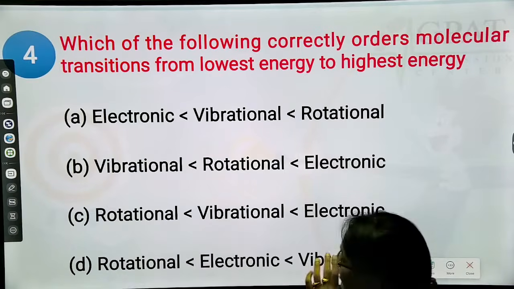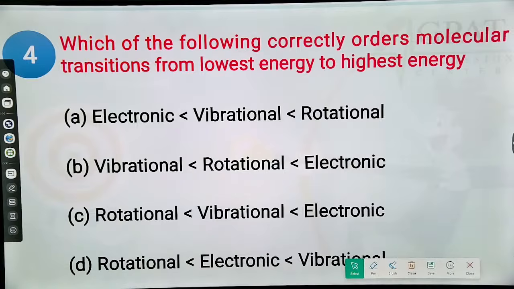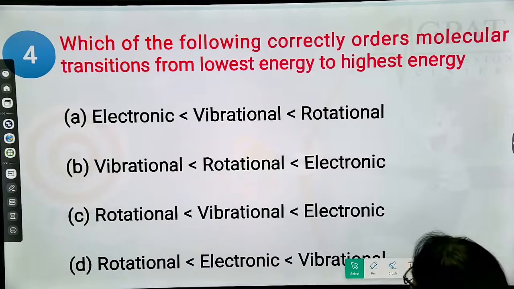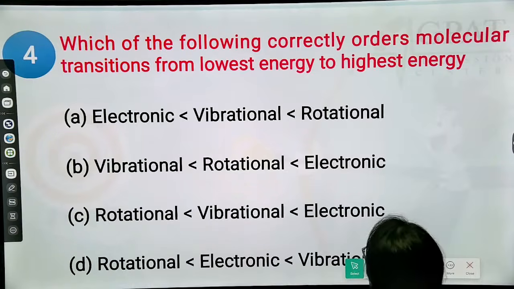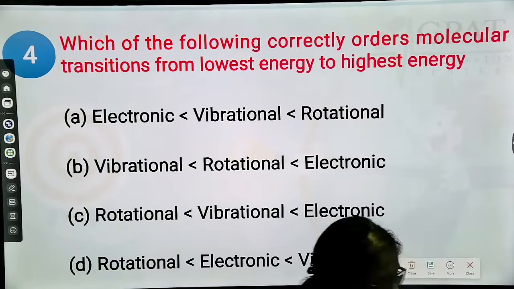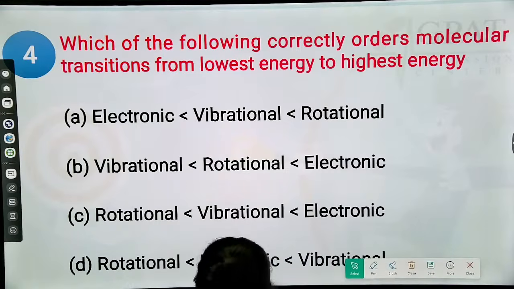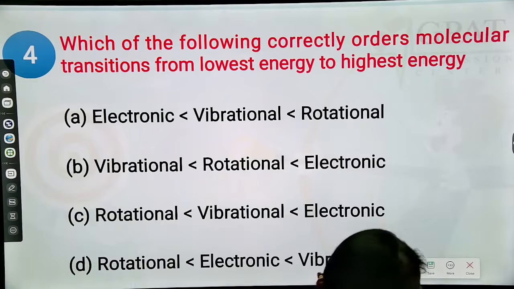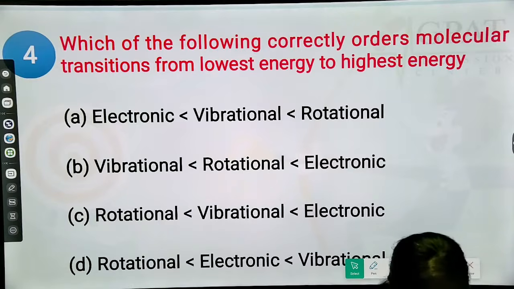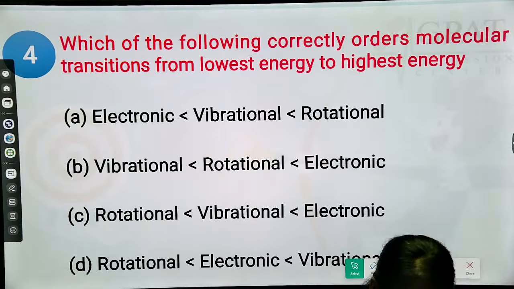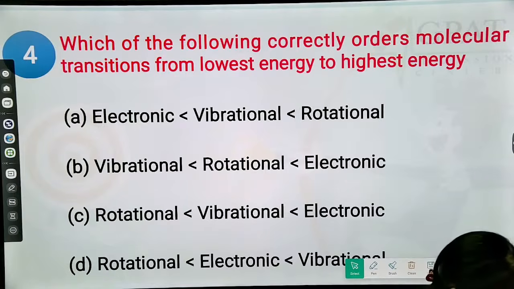What they have asked here is which of the following correctly orders the molecular transitions from lowest energy to the highest energy. Let me check who has given the right answer.